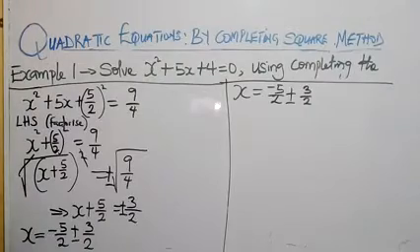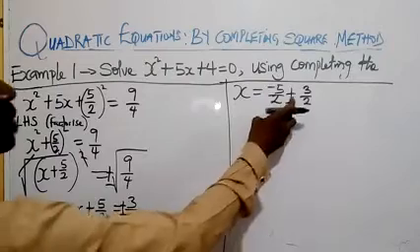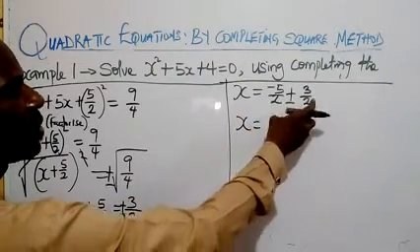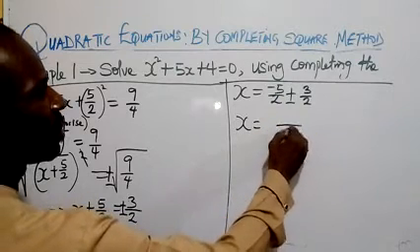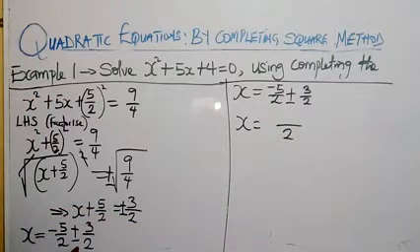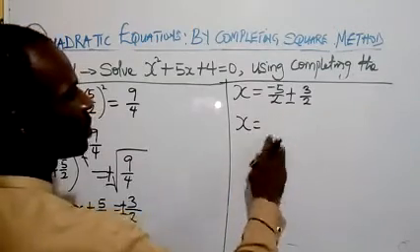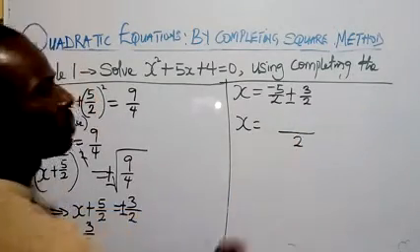Alright, the value of our x equals minus 5 divided by 2, plus or minus 3 divided by 2. Don't forget, this is a fraction, this is a fraction. Find the LCM, which is 2.